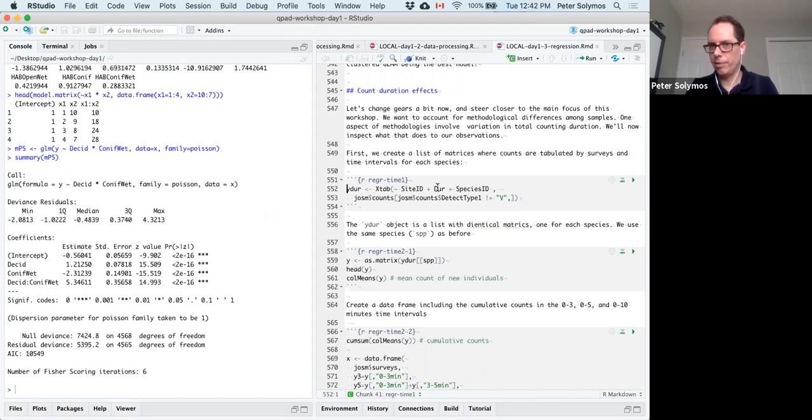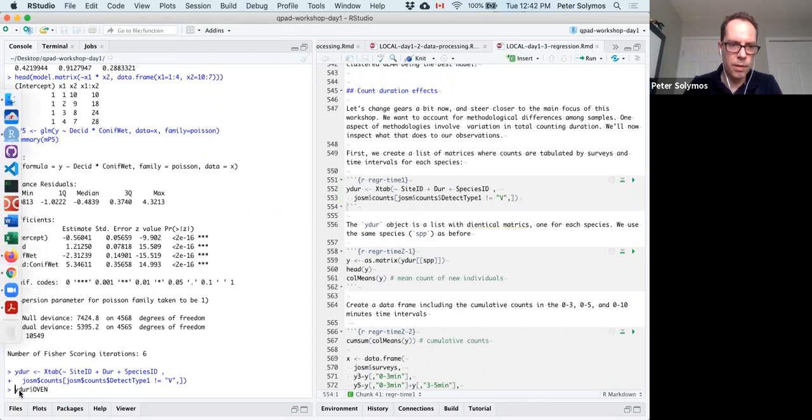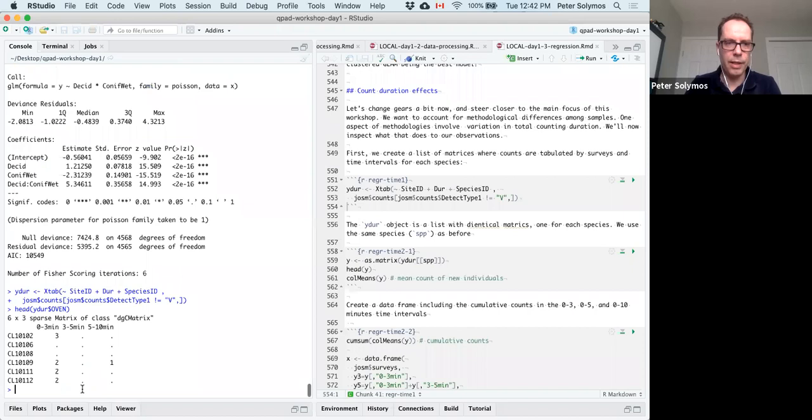So it's different count duration. So if we do that using a 3-way table, then we can say for Ovenbird, this is what the table is going to look like.